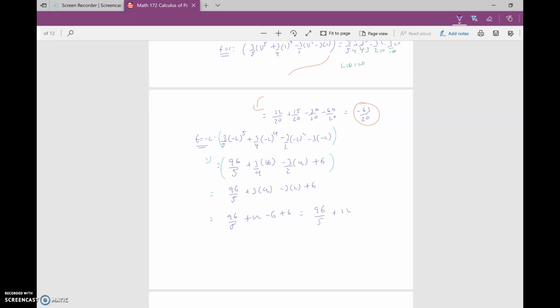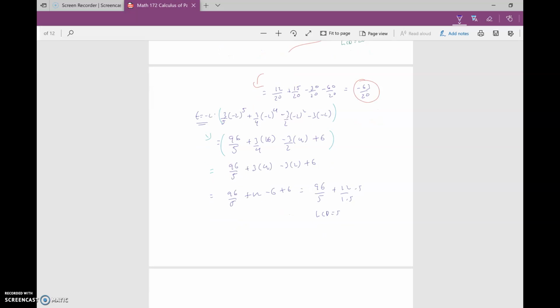Let me express it in fifths, with an LCD of 5. 12 times 5 is 60, so plus 60 fifths. So 96 plus 60, 156 fifths.